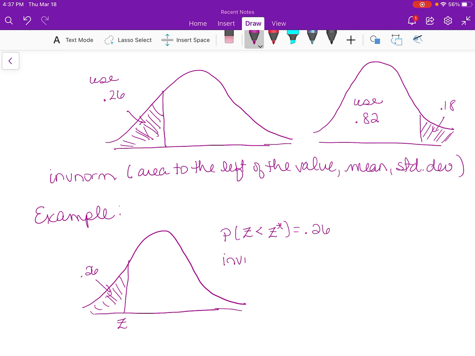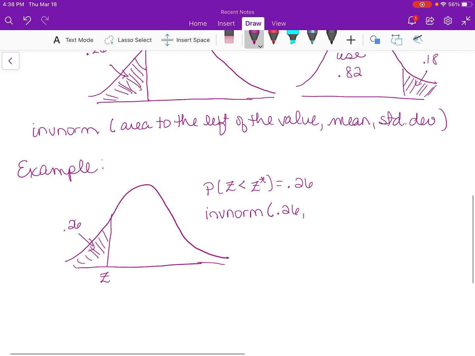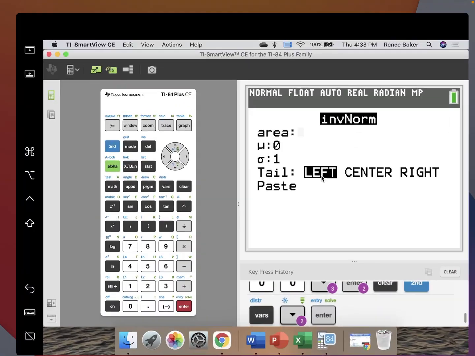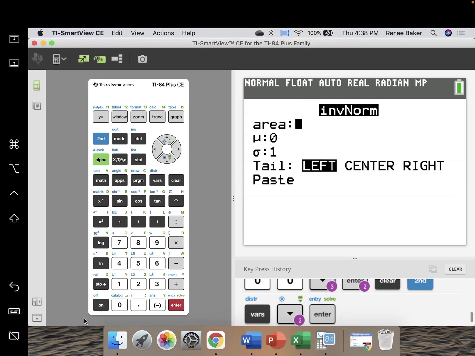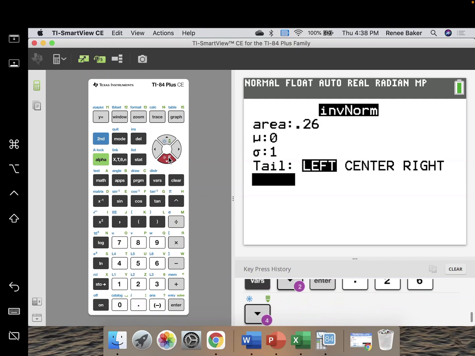So I'm going to use inverse norm. Area to the left of the value is 0.26. The mean for a z-curve is 0, and the standard deviation is 1. So if we go back to the calculator, you would put in 0.26. The mean is 0, the standard deviation is 1.